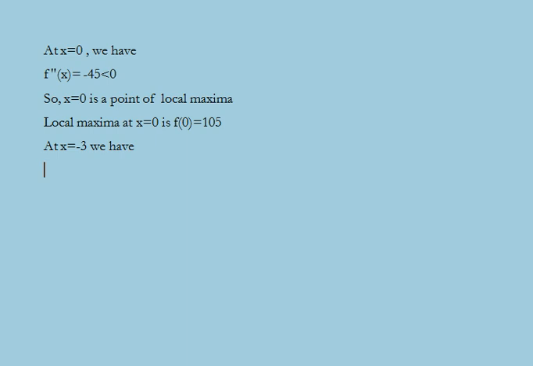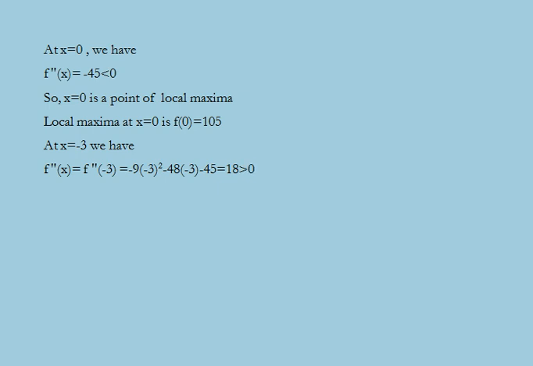Next we are going to find these values for x = -3, and here we have f''(-3) = -9 into (-3) square - 48 into (-3) - 45. This is equal to 18, which is greater than 0.